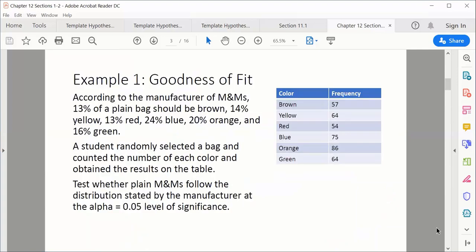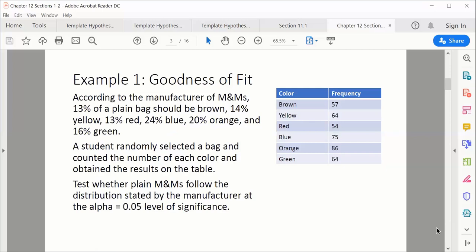So here's a simple example. According to the manufacturer of M&Ms, 13% of a plain bag should be brown, 14% yellow, 13% red, 24% blue, 20% orange, and 16% green. A student randomly selected a bag and counted the number of each color and obtained the results in the table.